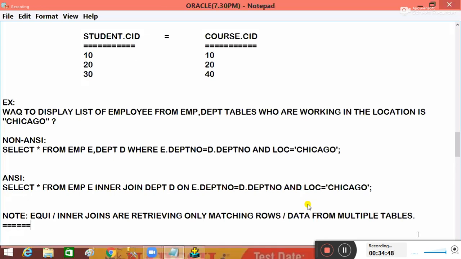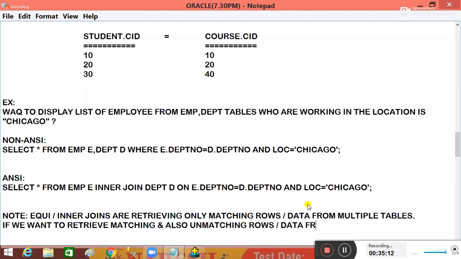Suppose the question is, if you want to retrieve matching and also unmatching rows or data from multiple tables, then which mechanism do we use here?